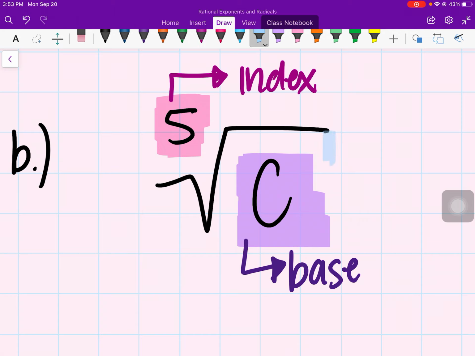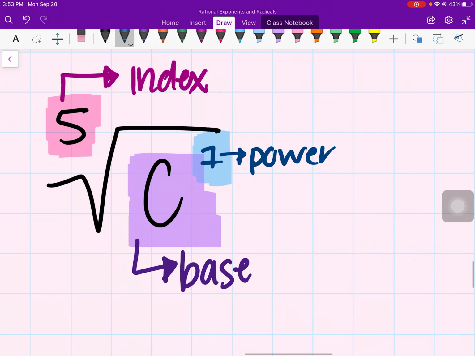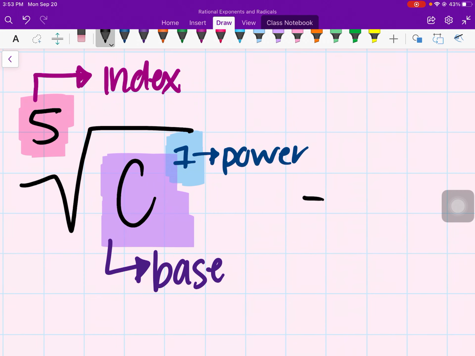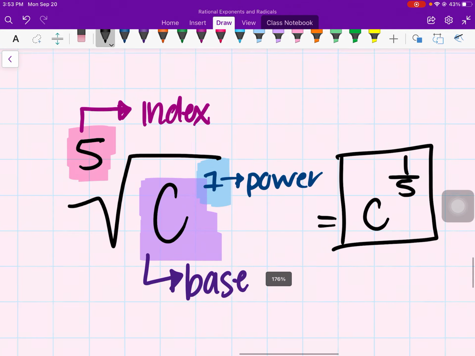And then we have our power, which has a value of 1. So when we rewrite this, it's going to be c to the 1/5. All right, and that's our answer.